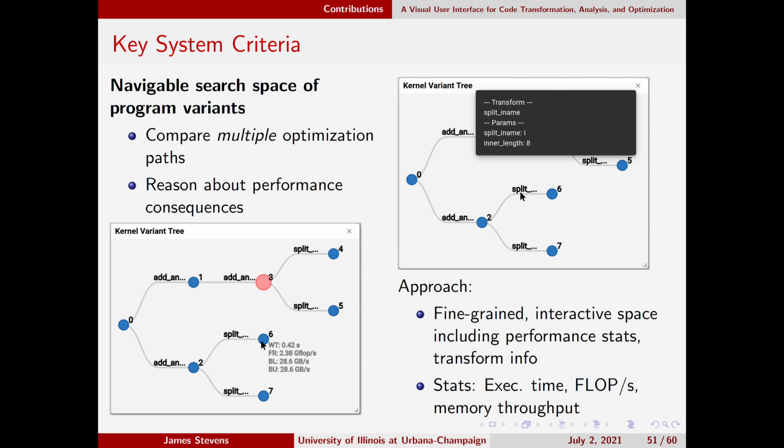The nodes represent program variants and the edges represent transformations. And then by hovering over a transformation, you can view information about it, and by hovering over a node, you can view program stats like execution time, flops, bandwidth.